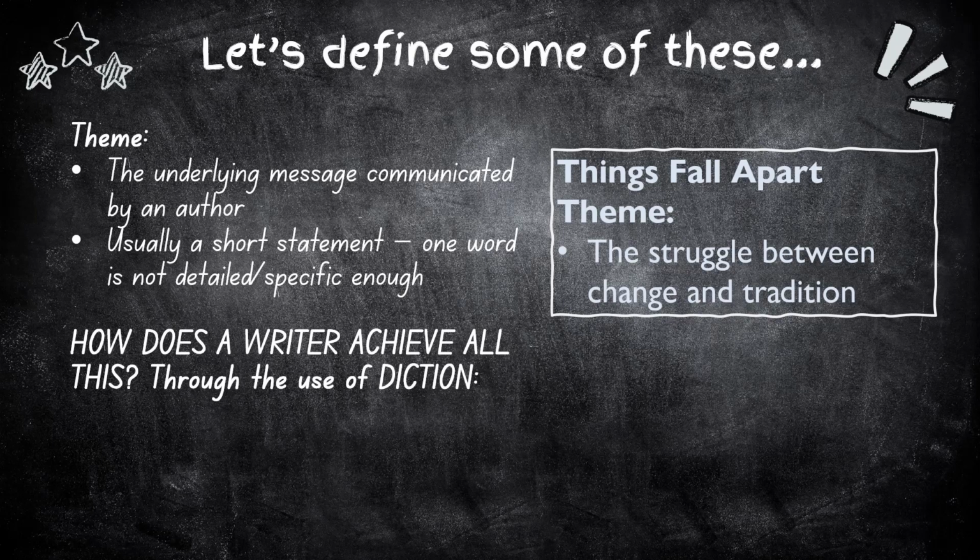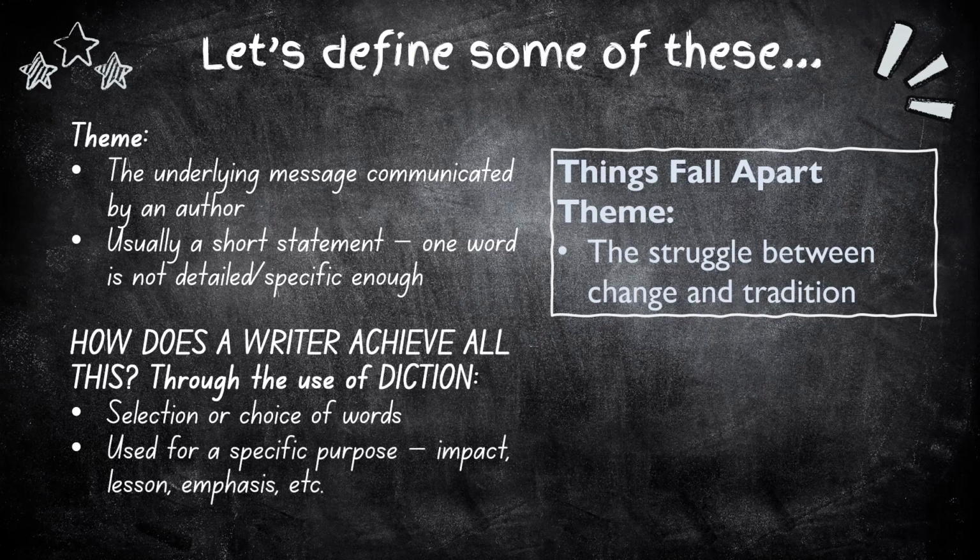So diction is incredibly important, because this is the selection or the choice of words by a writer or a poet or a lyricist. The words that have been used by a writer are used for a specific purpose.